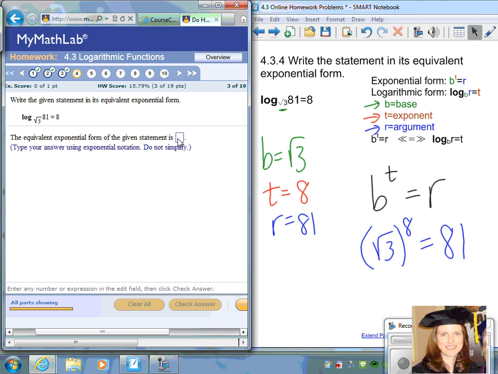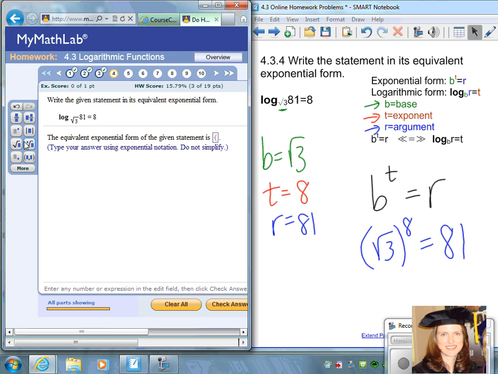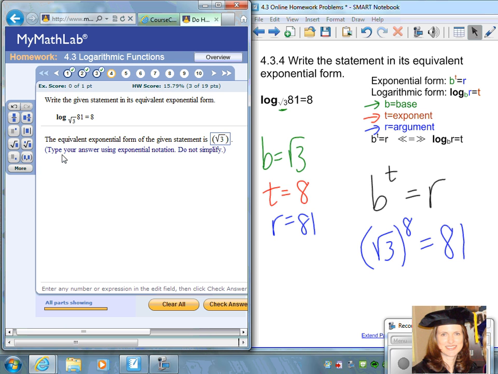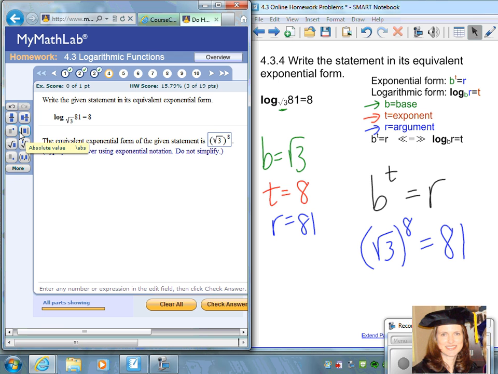Let's check our answer. Square root of 3 raised to the power of 8 has to equal 81. And check our answer.